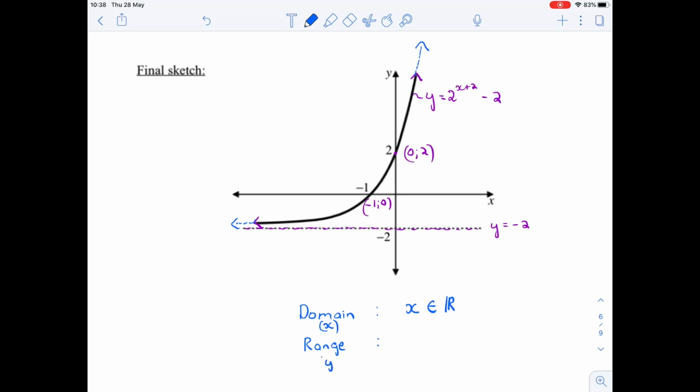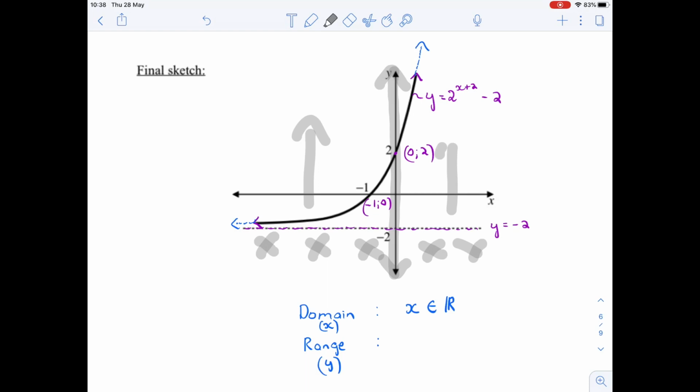Then don't forget, we want to find the range, which is our y values. Now, if we look at the y values, we're focusing on the y-axis. I always work kind of in reverse. So I always say, is there any y values that this graph doesn't have? And absolutely, there's no y values down here. So the only y values that I have are these going up. In other words, it's from minus 2 going up.